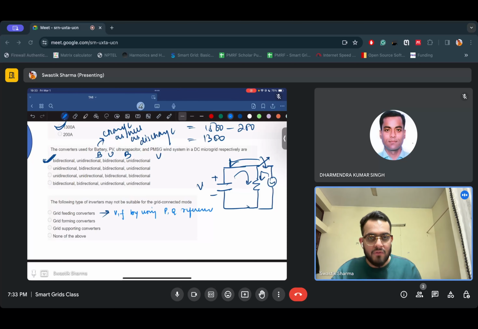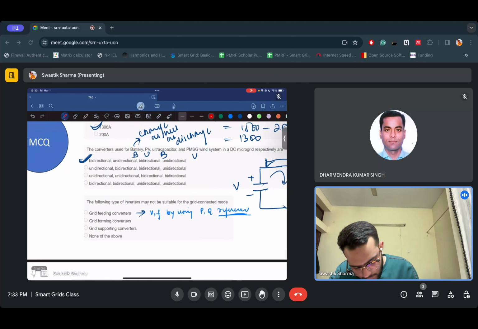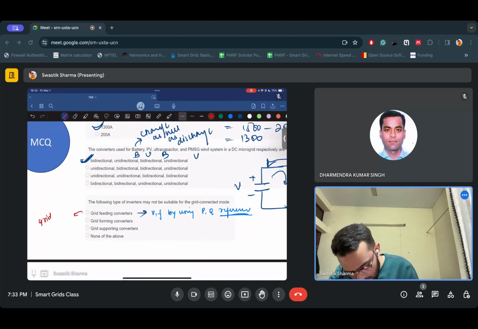So the grid feeding converters generally require this reference to be able to match or adjust the real and reactive power. Due to the need of real and reactive power, these can only function in grid connected mode because they need this reference from the grid.